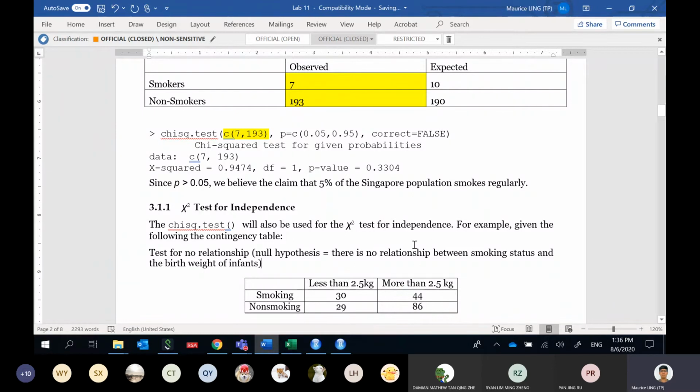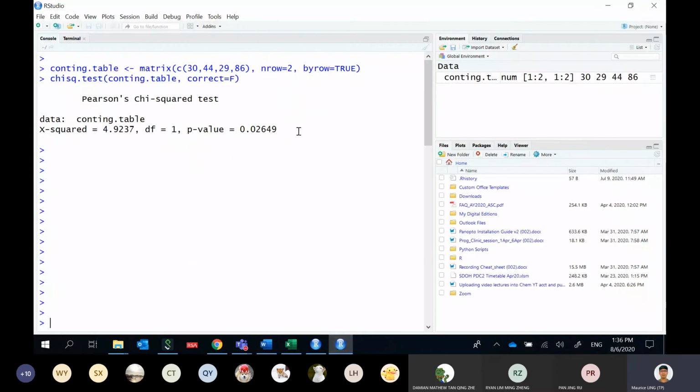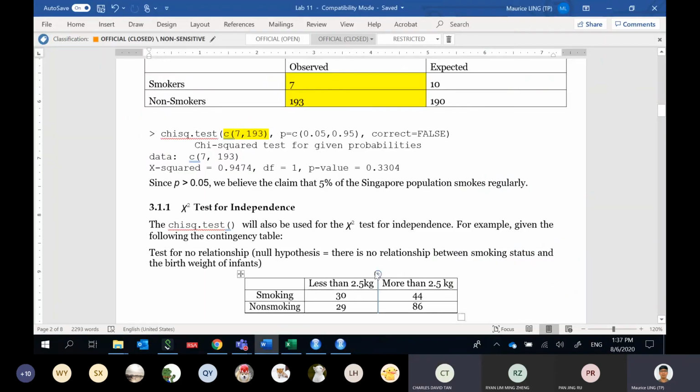So the alternate hypothesis is there's a relationship. So in this case, do you accept or reject the null hypothesis? Back to Charles again. Reject. Reject the null hypothesis, right? Means that there is a relationship.